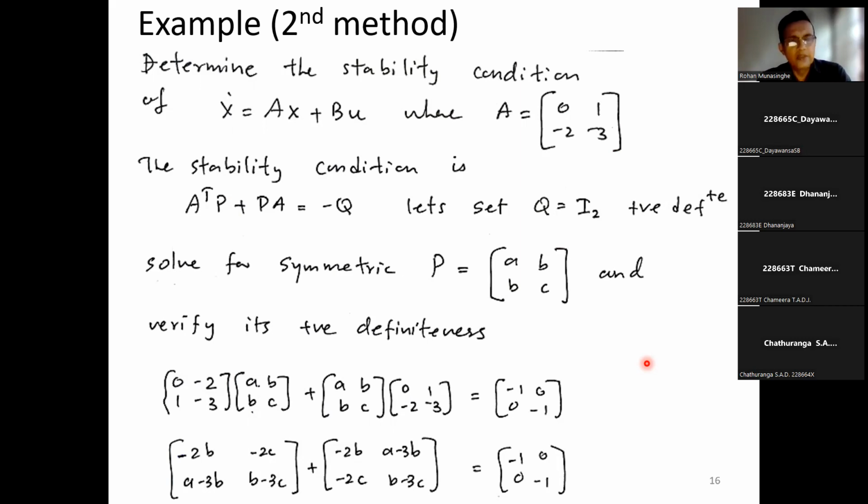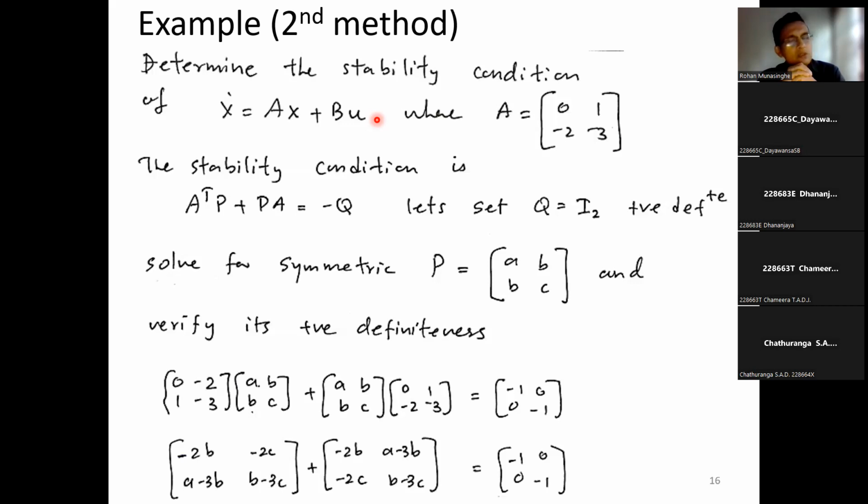The second method of Lyapunov: determine the stability condition of x dot equals Ax plus Bu, where A equals [0, 1; -2, -3]. You're given the system, and you need to check the stability of the plant.